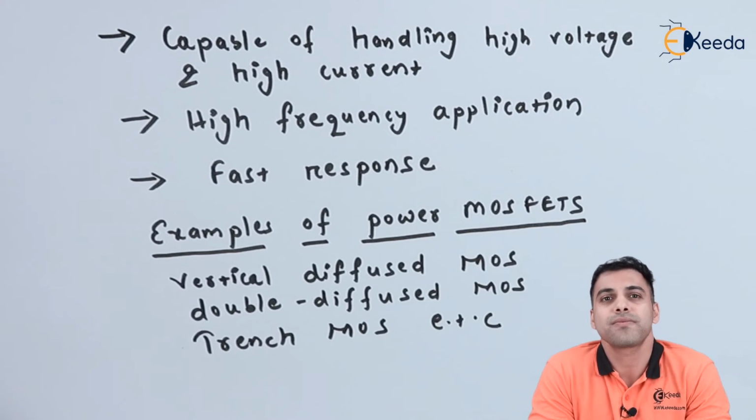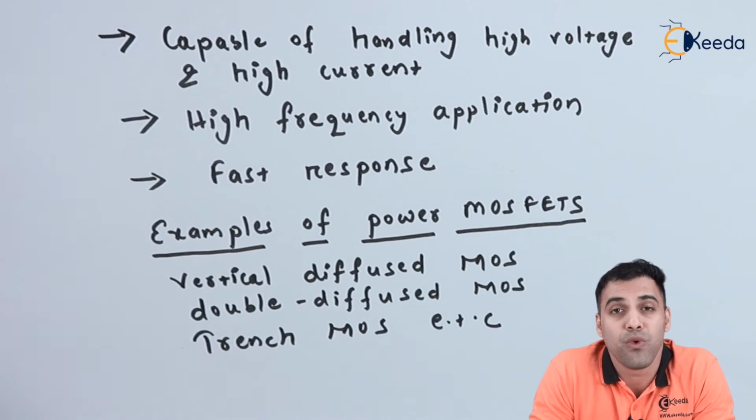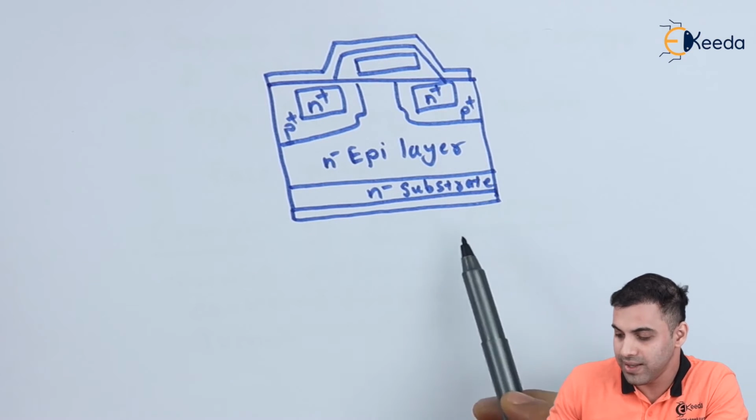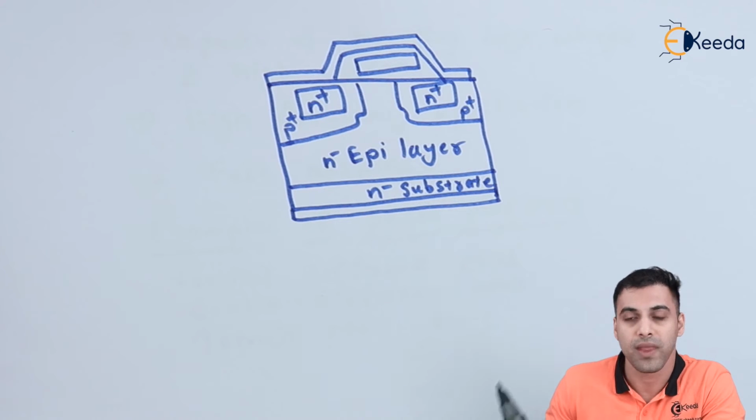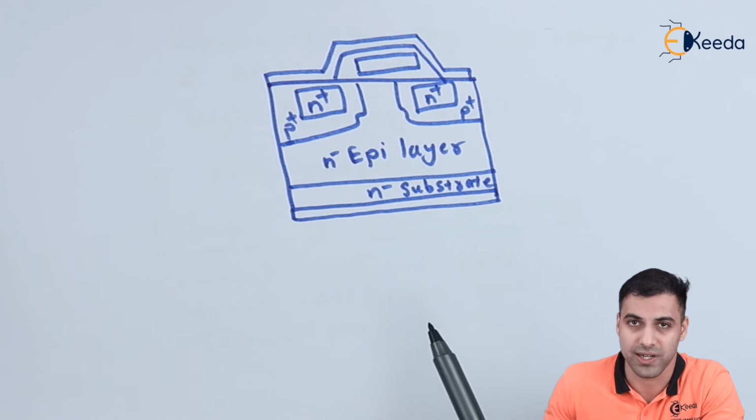So friends, as I have already given you a very brief idea about the construction principle of the power MOSFET, now let's talk about the real construction and working principle of the power MOSFET in detail. If you can see in this figure here, it shows how the power MOSFET is constructed.